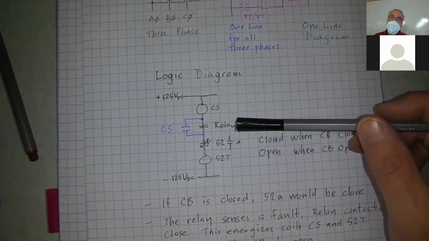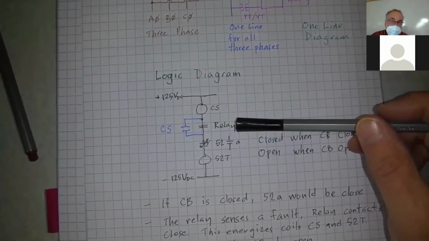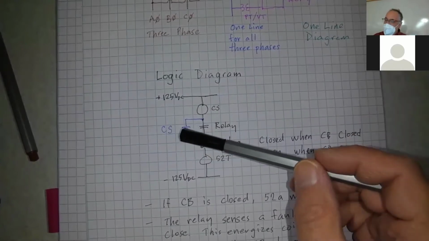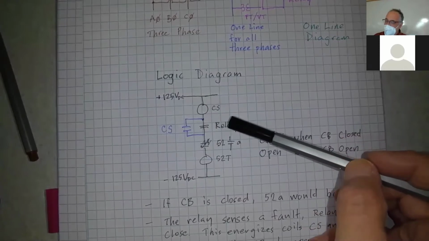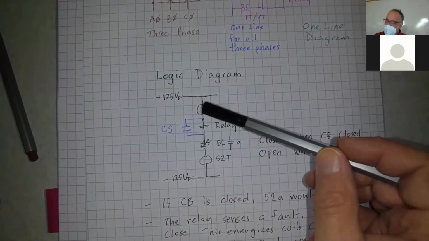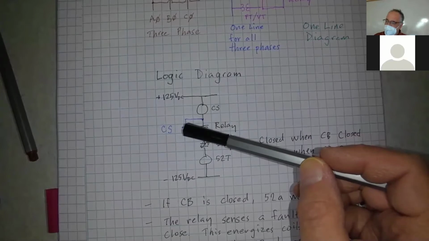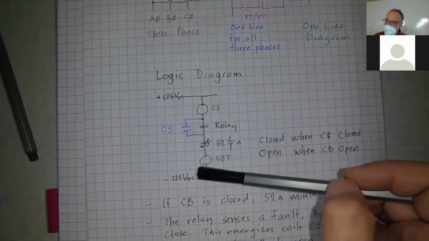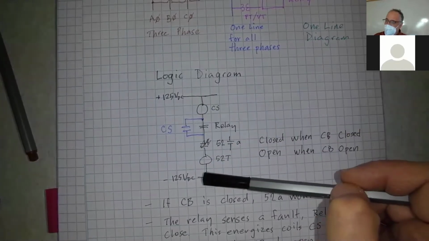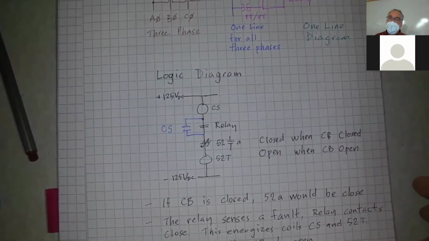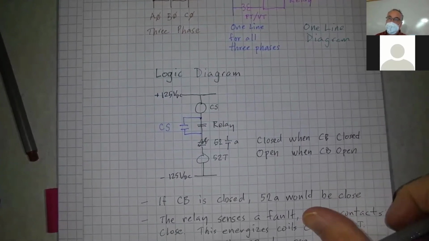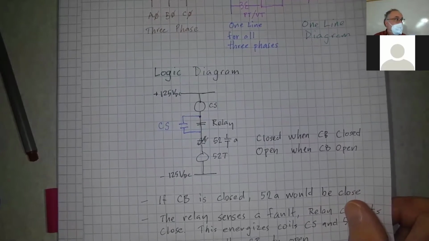And it might be not enough to trip the relay anymore. So we put this CS in parallel with the relay so that when this CS coil is energized, this is closed. And the circuit would remain true until 52A opens up. Is that making sense?